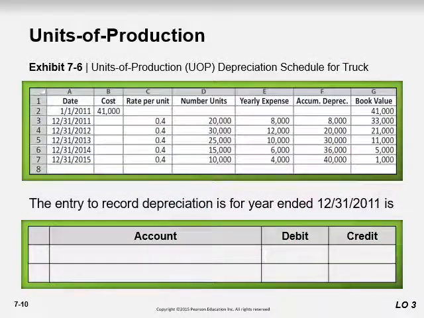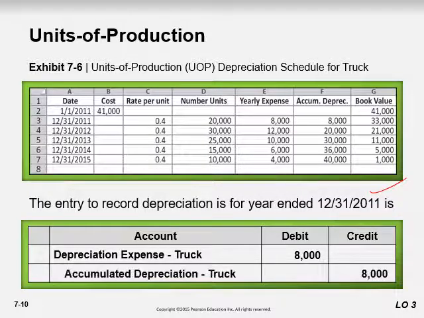So here we go. What is the entry then? The entry would not be the same every year; rather it would be different. For the next year it's going to be 12,000, right? Or in the fifth year it's going to be 4,000, right? The entry is the same in all kinds of depreciation methods: depreciation expense to accumulated depreciation.